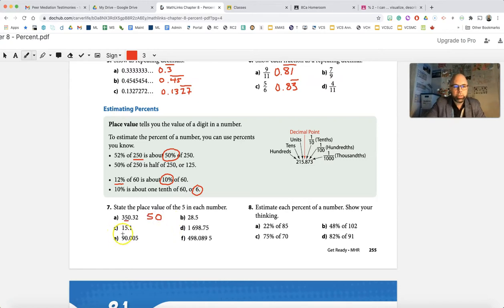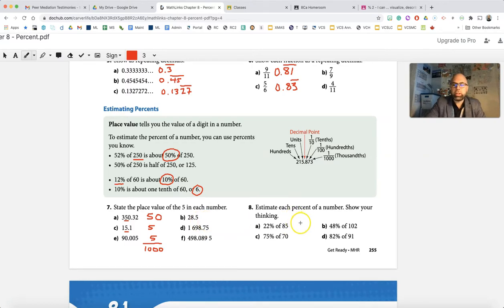And then in this case, it is in the ones place, so it just equals 5. In this case, 5 is in the thousandths place, so I believe they want you to express it like this, 5 over 1,000, and so forth.